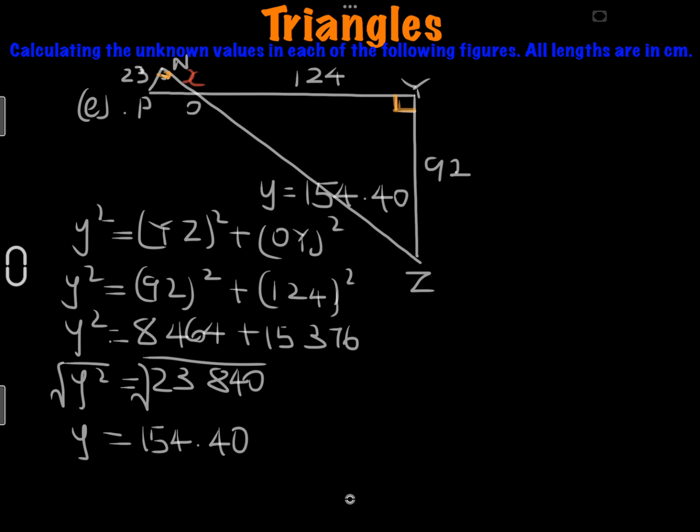Okay, now let's look at the adjacent side. First of all, let's look at the adjacent side of this triangle, especially triangle YOZ. So our adjacent side in this case is 124, and our opposite side is 92.